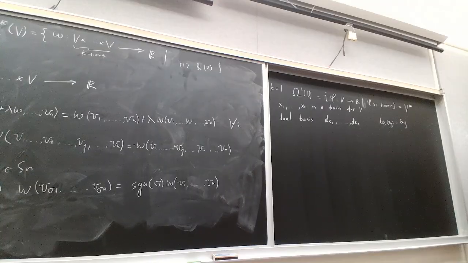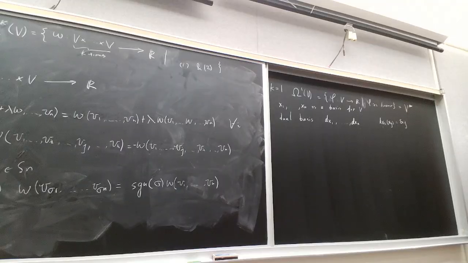And one of the things they have to do is be linear in each entry. So our hope is to see how I can build something that takes in k vectors and is linear in each entry, out of stuff that takes in only one vector and is linear in that.